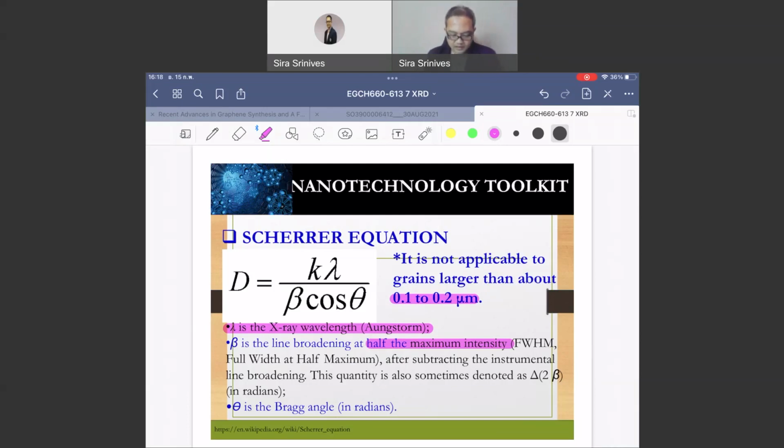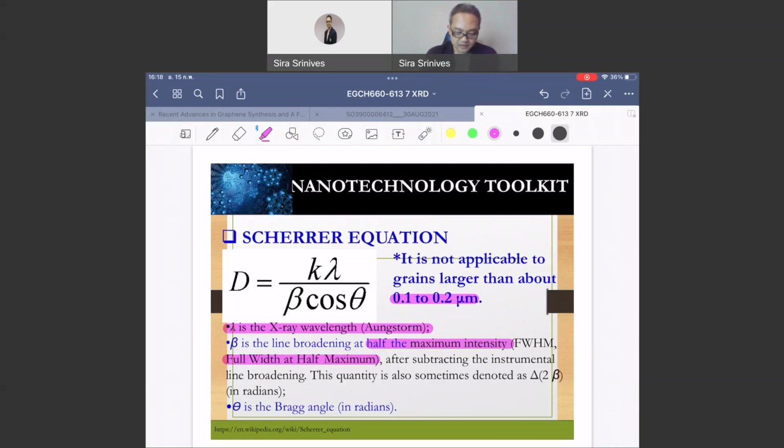This value is known as FWHM, which stands for full width at half maximum.